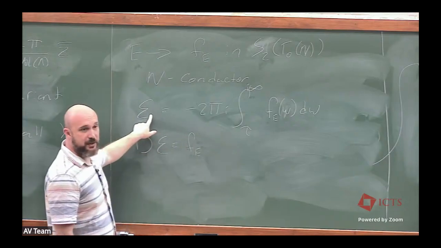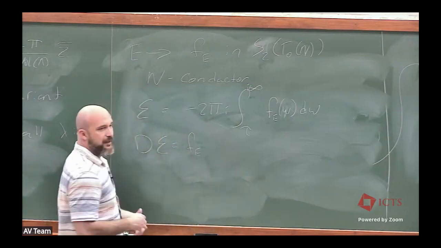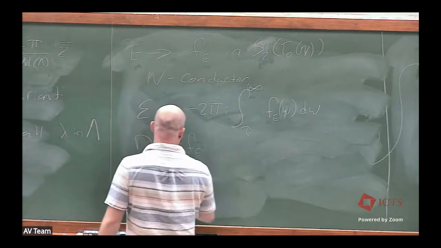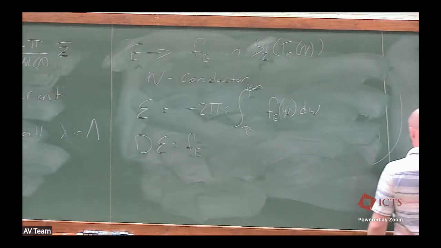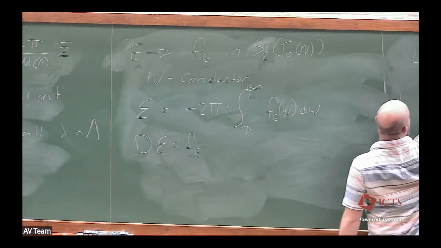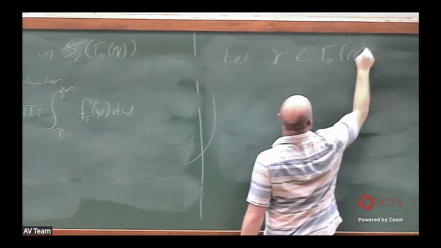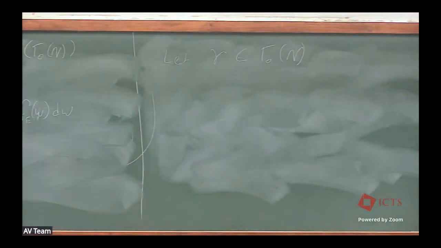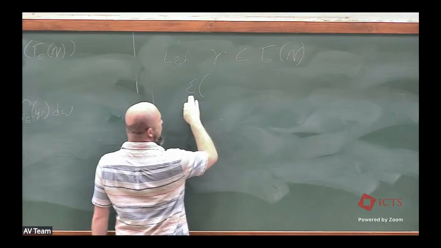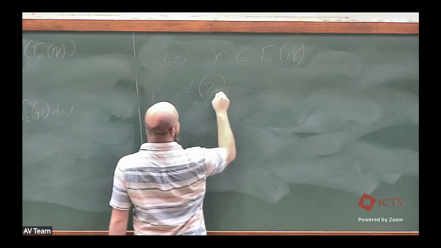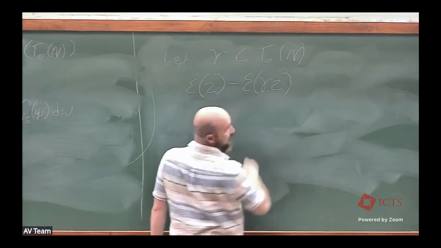Our Eichler integral is not truly modular, but if you look at the obstruction to modularity, let's take a matrix. Let gamma be in gamma naught of N, one of our matrices in this congruence subgroup, and we look at our Eichler integral at z minus the Eichler integral at gamma of z.